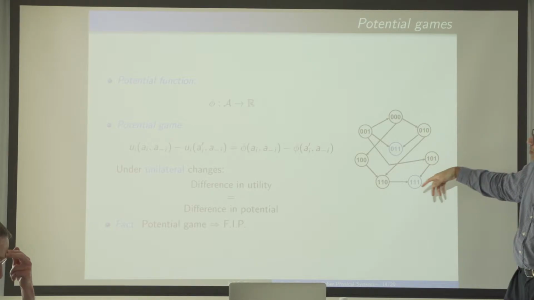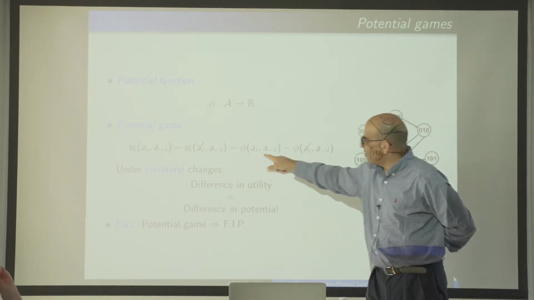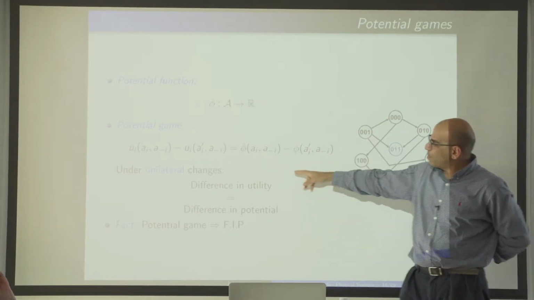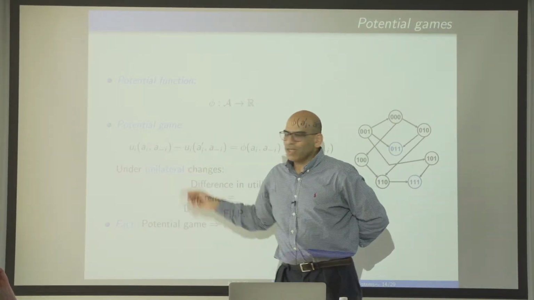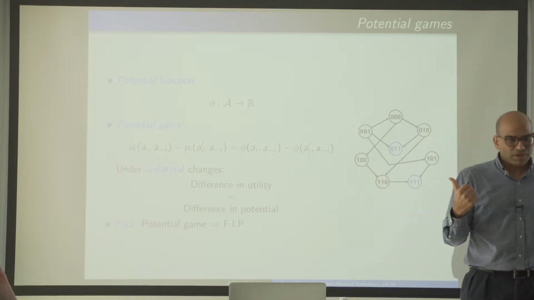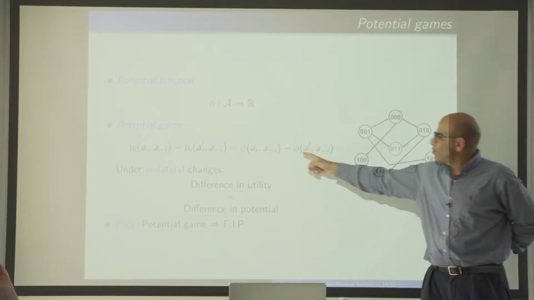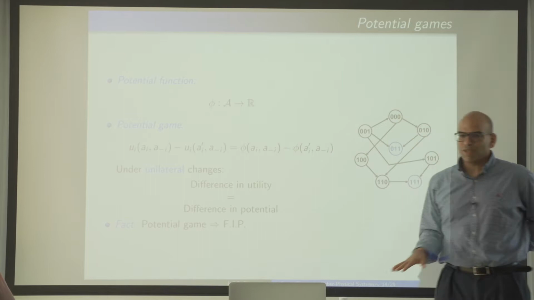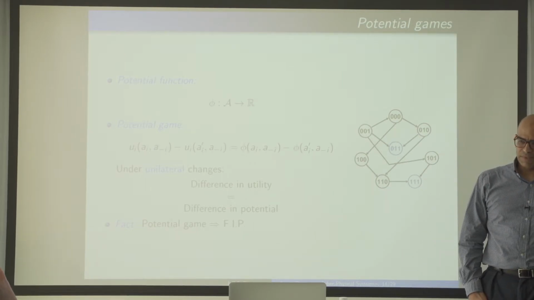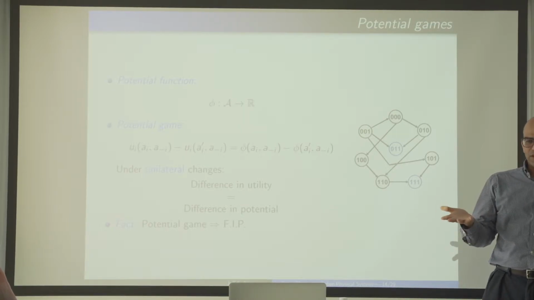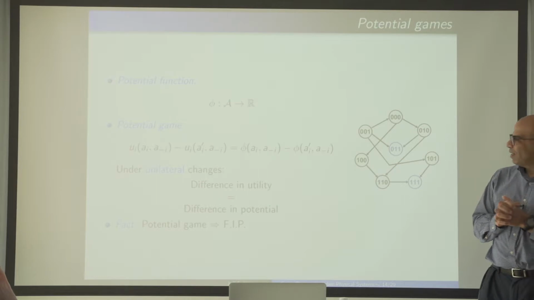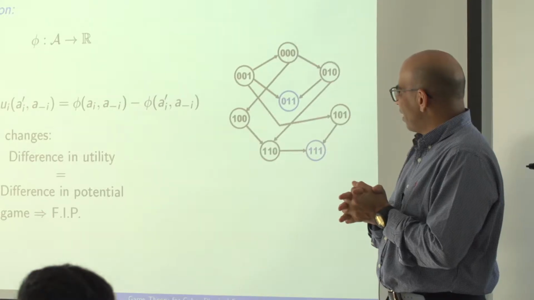A game is a potential game if there exists a particular function that is not player dependent that has the following property: the change in utility for an individual deviator equals the change in this potential function. Okay? The change in utility for an individual deviator equals the change in the potential function. Now, let's try to build some insight into that.